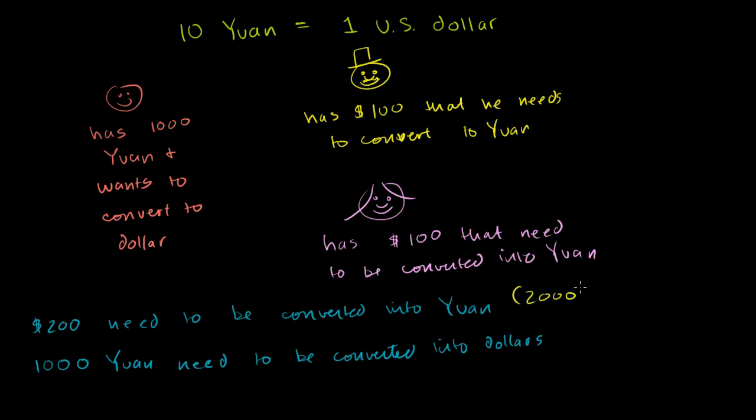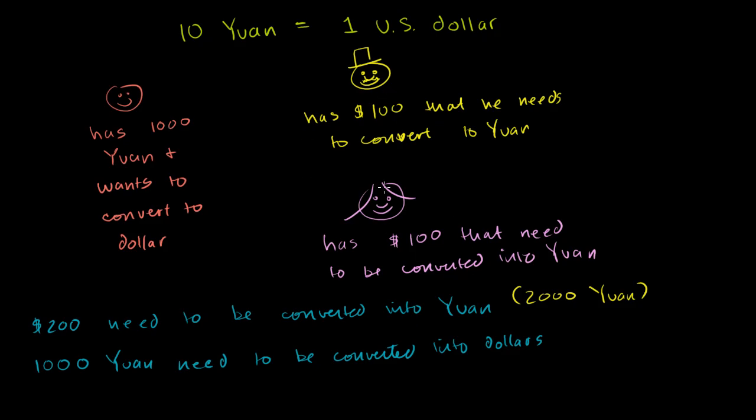So will they be able to convert this into 2,000 yuan? And this person over here is saying, well, at the current exchange rate, maybe for my 1,000 yuan I'll get $100. But everyone wants to maximize the amount of the other currency they get, for obvious reasons.